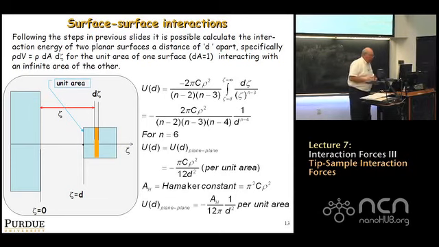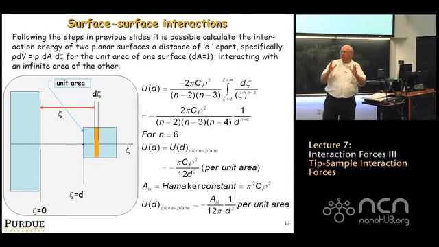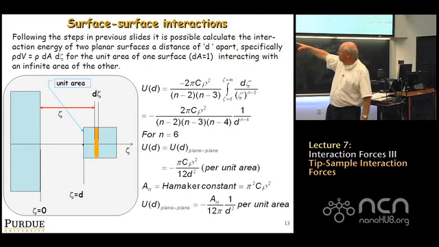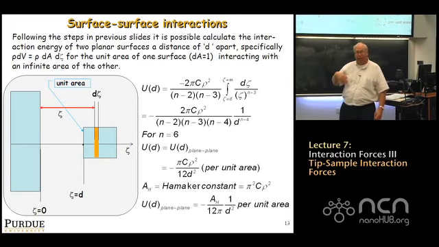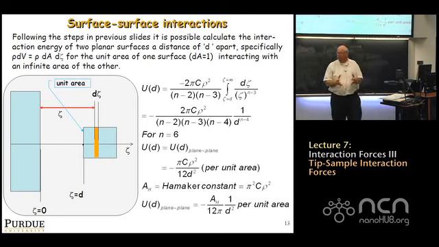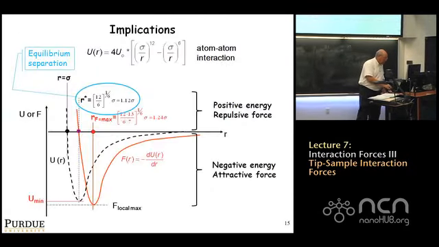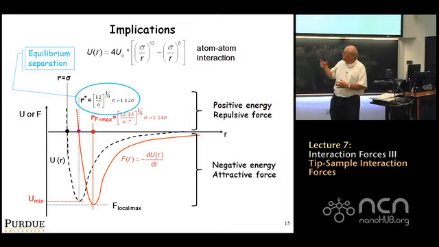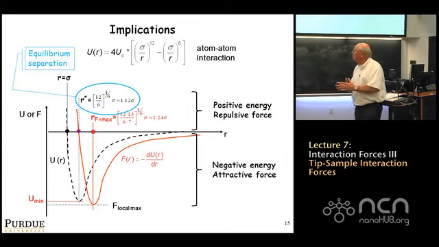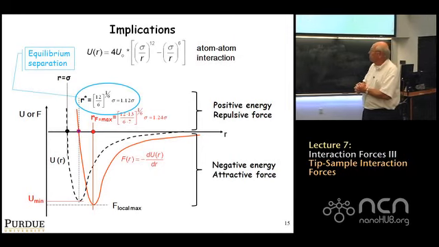Now, one issue is going to be what this separation D is, right? What separation D do I use when I evaluate this plane-plane interaction energy, right? And I have to go back and I have to refer you to the equilibrium separation between atoms. This, again, goes back to the previous lecture.